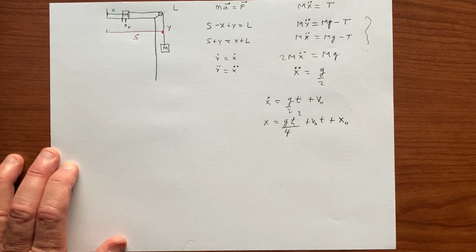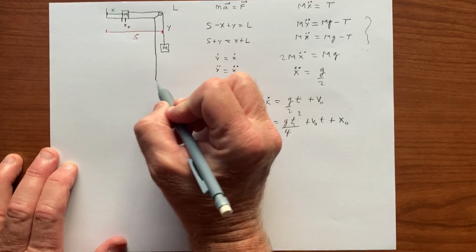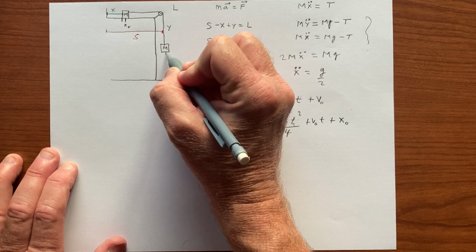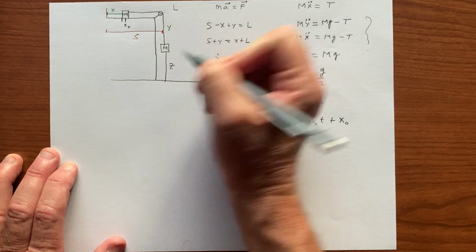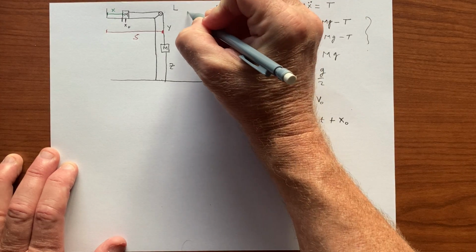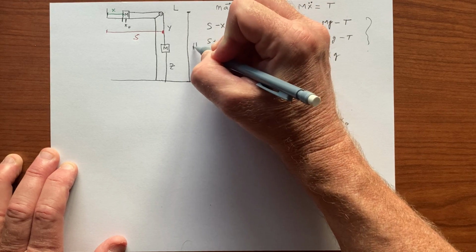Okay, so we solve for the motion completely. Let's look at the Lagrangian formalism. So if we decide that we want to use the reference point being here, then we have another coordinate here. We have some z here. And maybe we can say that, of course, this is some fixed height h.